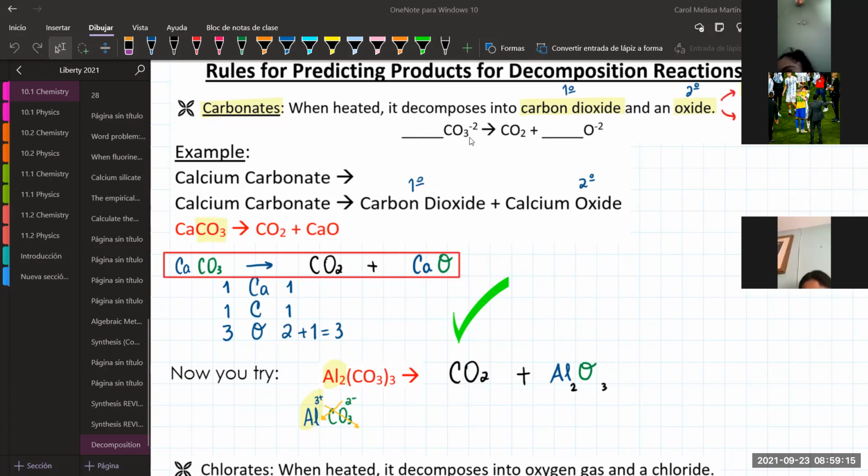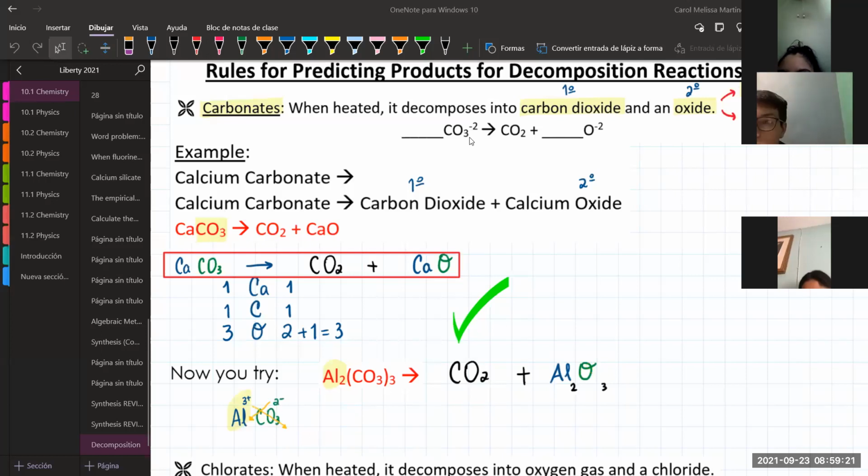But then I have to see if it is balanced. To know if it's balanced, I need to compare the amounts of each element. So I list the elements in the suggested order: aluminum first, carbon after, oxygen after, and I compare the amounts.